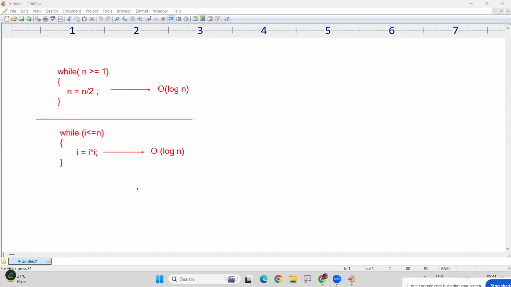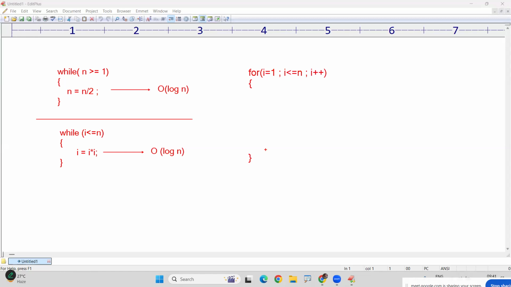So based on this one, sometimes we are writing, suppose the outer loop is repeating n times, i equals 1, i less than or equal to n, i plus plus. For example, finding perfect numbers within the range.